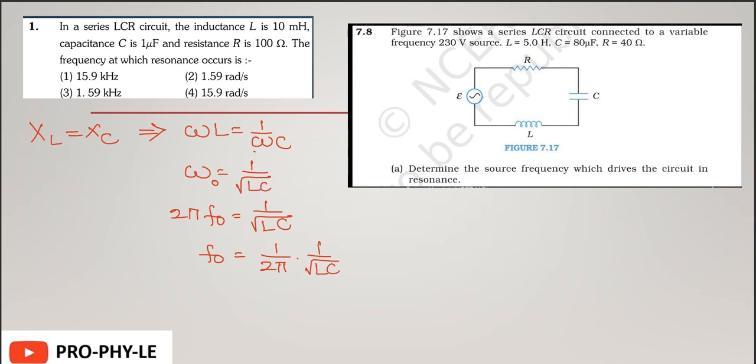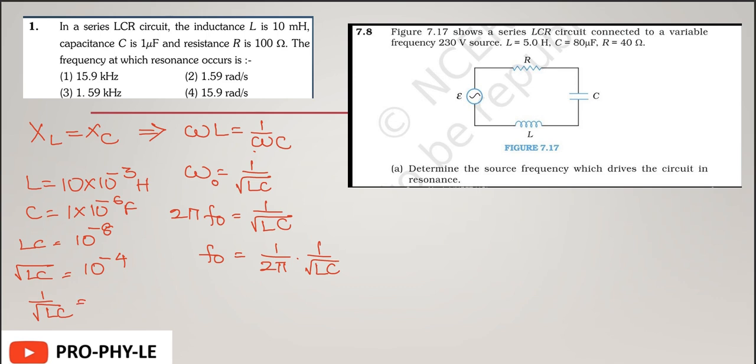In this question, inductance is given as 10 millihenry and capacitance is given as 1 microfarad. So L into C will be 10 to the power of minus 8 and root LC will be 10 to the power of minus 4. 1 by root LC is equivalent to 10 to the power of 4.